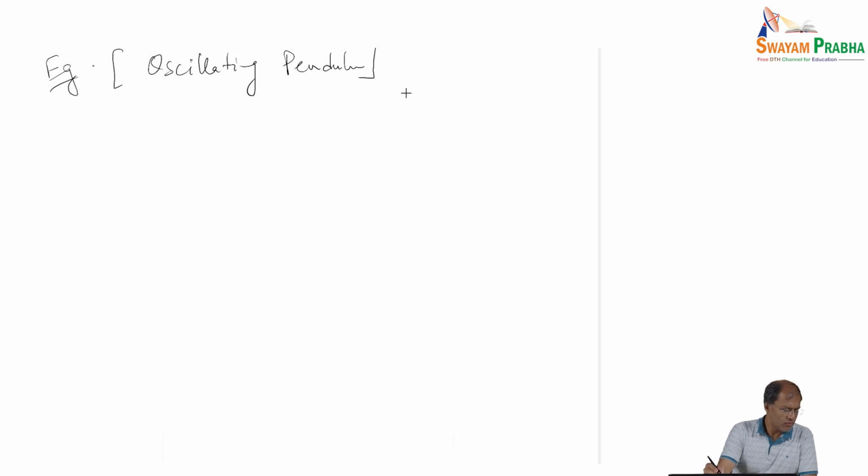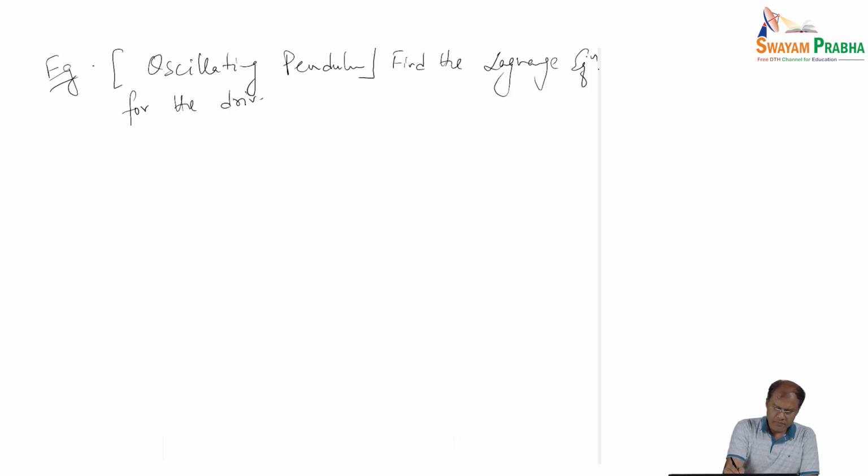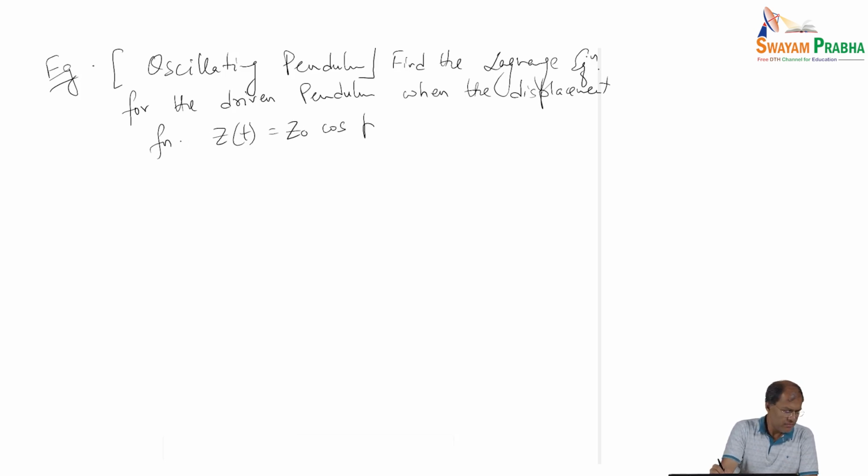What we have to do is find the Lagrange equation for the driven pendulum, when the displacement function z of t is given by z naught cos pt, right? Let me draw the diagram and it will be fairly clear.